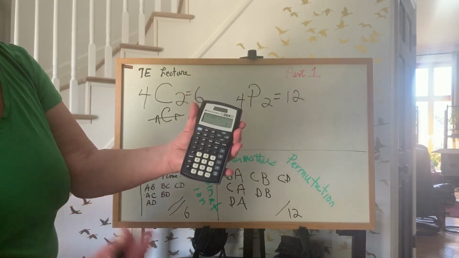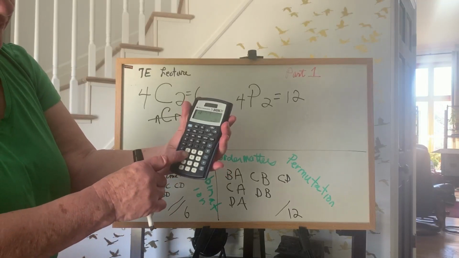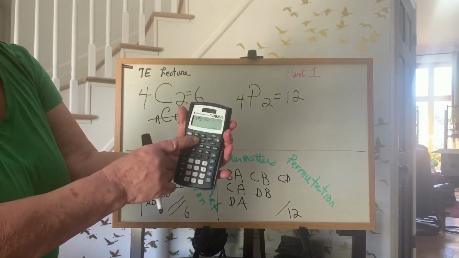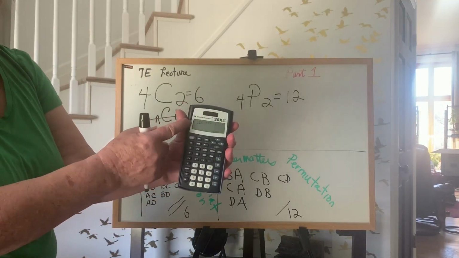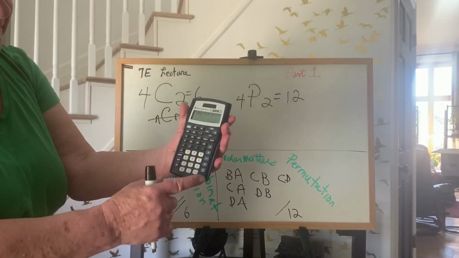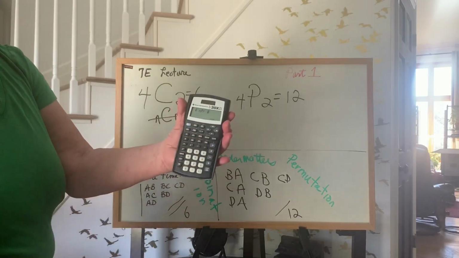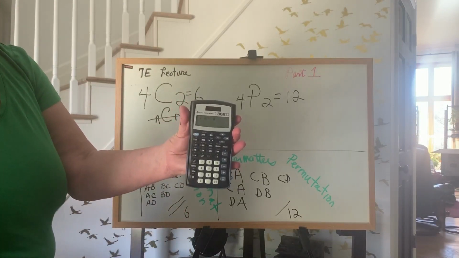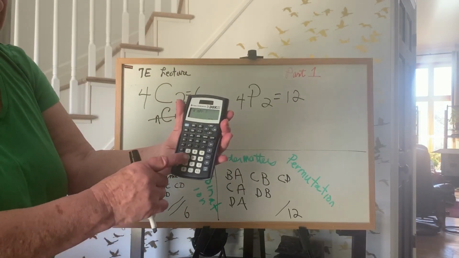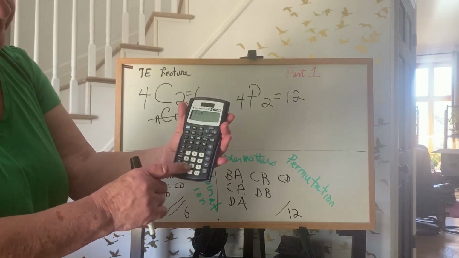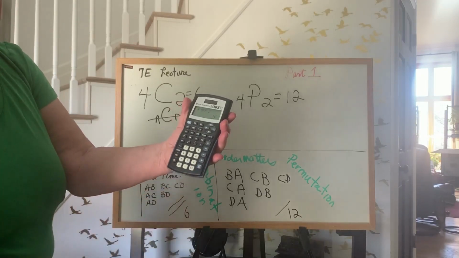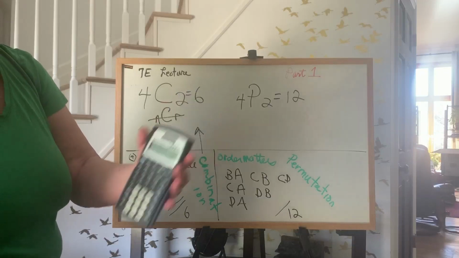Now for the NPR, we put the 4, prob, it underlines right away at NPR, and I push enter. My display should say 4 NPR, and then I push 2 and enter, and I get 12, okay?